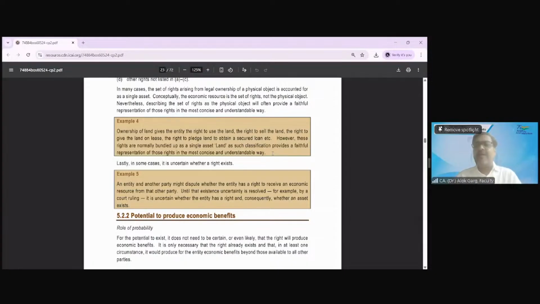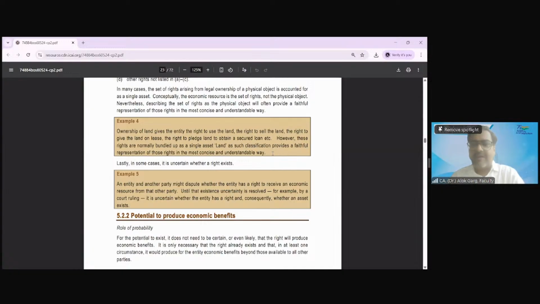What it says is that, for example, if you have purchased an asset, what rights do you have? You can use the asset, you can sell the asset, you can mortgage the asset, right? You can lease the asset. Yes or no? You purchased a building. What can you do with that building? What are the uses of that building?